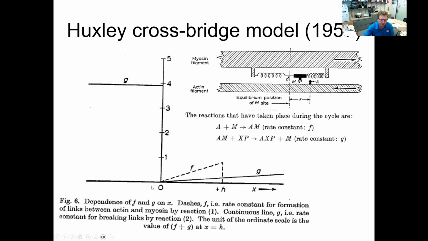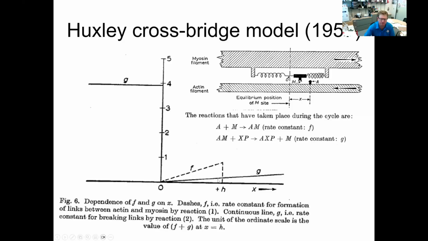And they made these dependent on the position or the distortion or how close A and M were, where if A and M were very, very well aligned, and there wasn't any stretch in these springs, it would be a very low force dependent, or it would have an interaction, and then the rate increases as you get closer and closer and closer to this H.